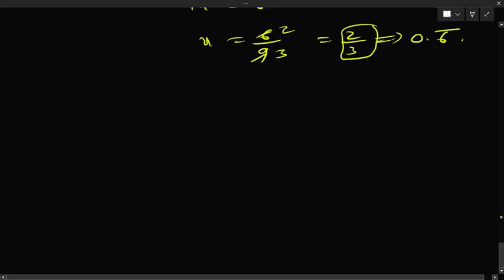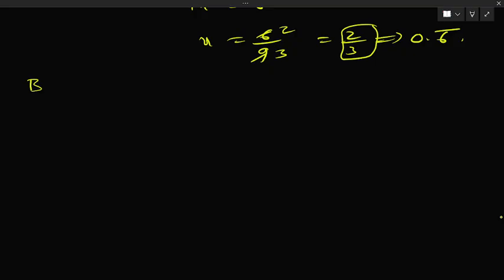And the next concept is related to bounding the numbers. Bounding the numbers means getting the nearest value. So bounding the decimals or numbers, whatever it may be.